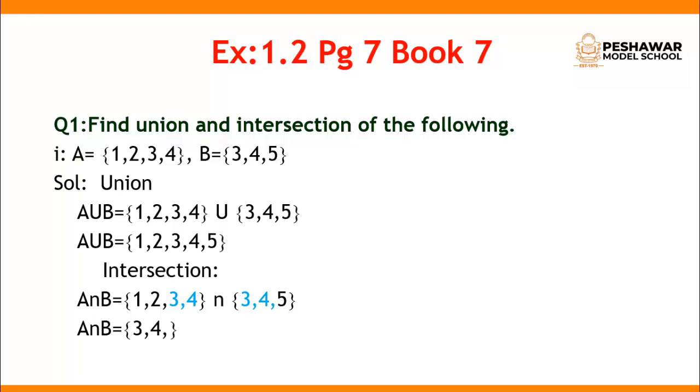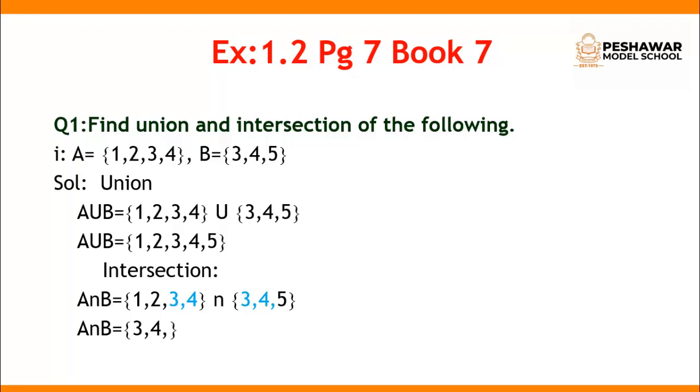Union means we have to combine two sets together in ascending order. A union B means 1, 2, 3, 4, 5. Now 3, 4 are present in both sets, but we have to write them only once, because in a set we cannot repeat elements. So A union B is {1, 2, 3, 4, 5}.